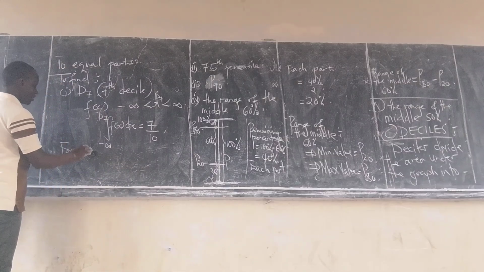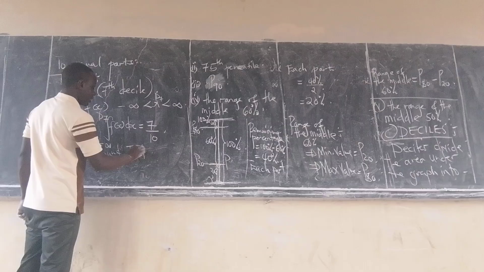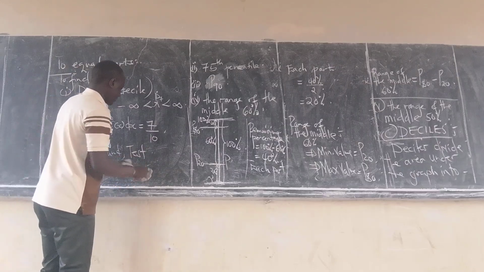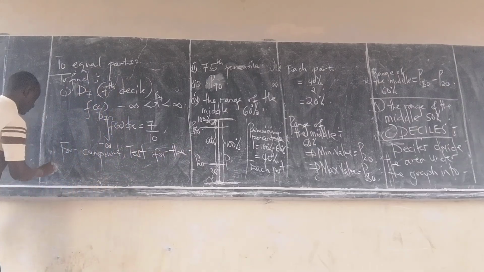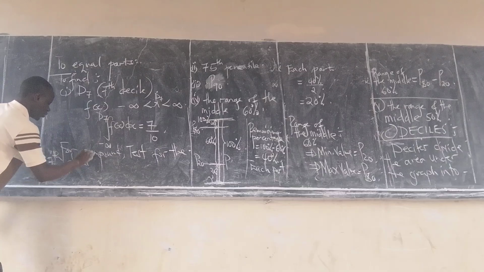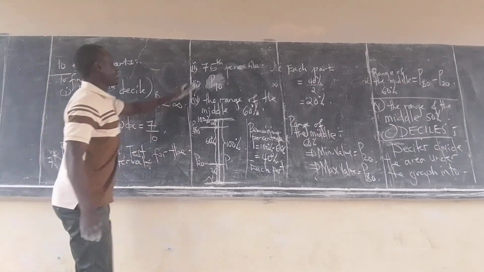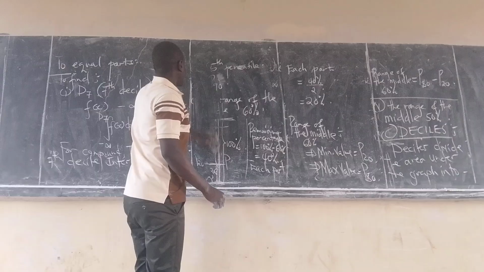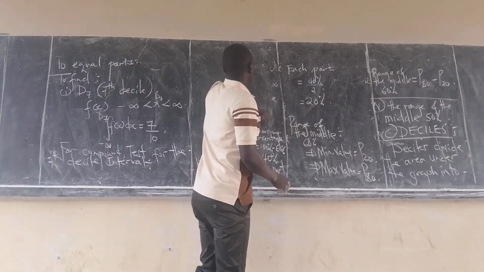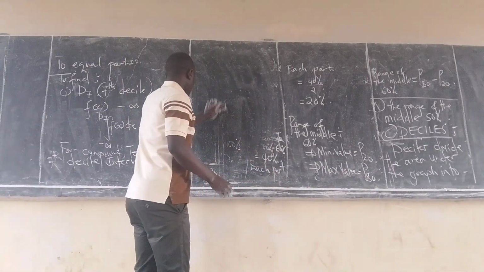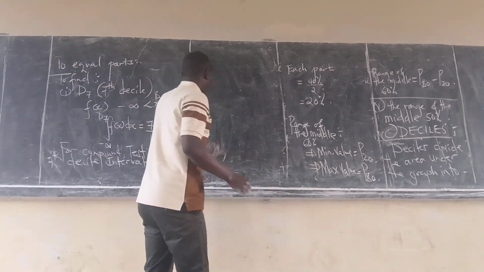And if the PDF that you have is compound, then you will first have to test for the 7th decile interval. That interval, when you integrate over it, must always give you a result of at least 7 over 10.